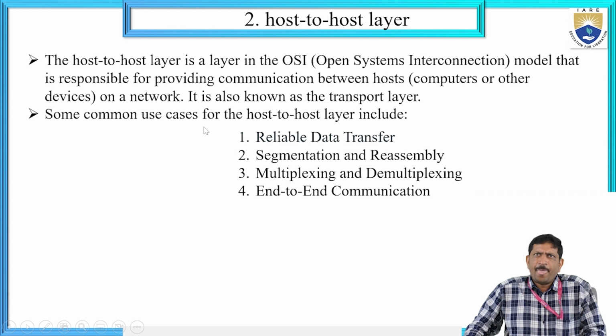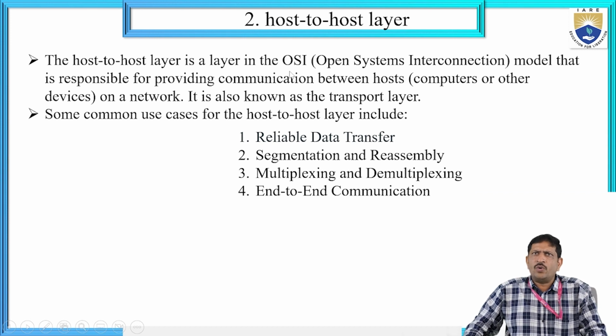Host to host layer. Here, what is the host to host layer? It is a layer in the OSI model, that is the Open System Interconnection model, that is responsible for providing communication between host to host over the network, from one computer to another computing device.